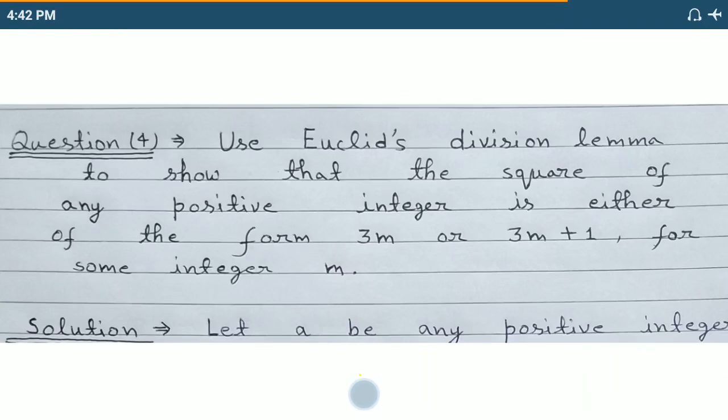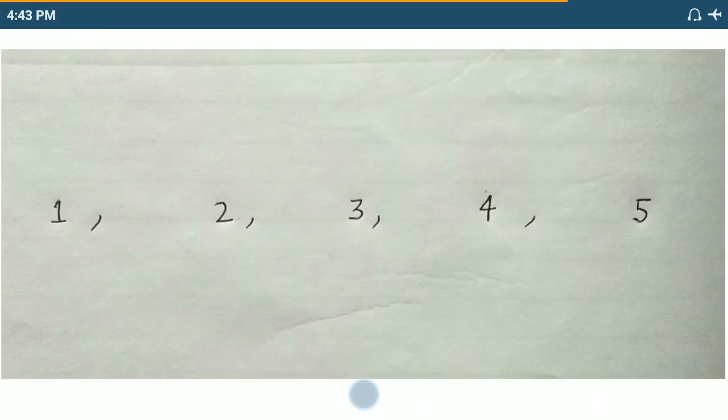So what we have to do? Students, we have to prove the square of any positive integer can be expressed of the form 3m or 3m plus 1. Now let's take an example. Let us consider some positive integers such as 1, 2, 3, 4 and 5.